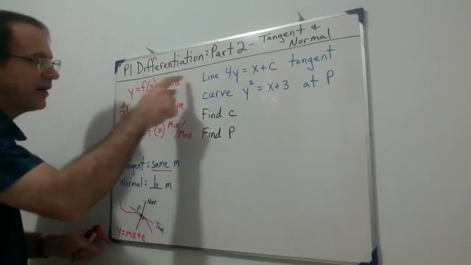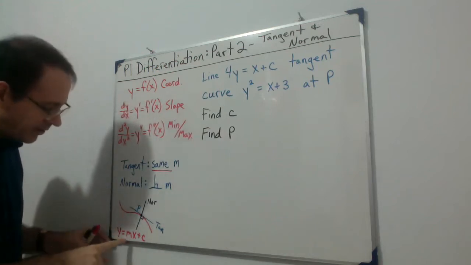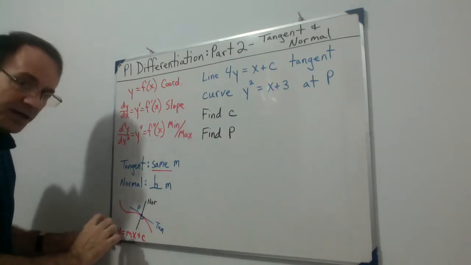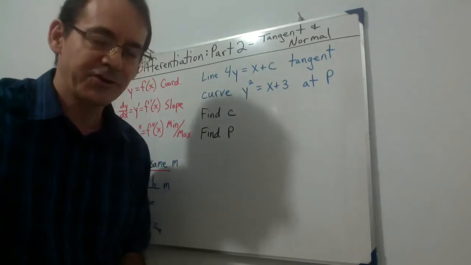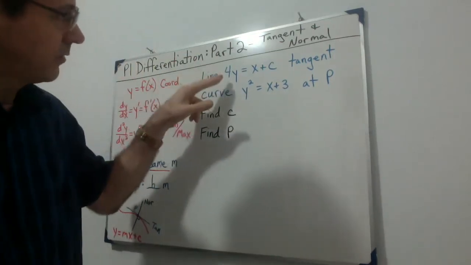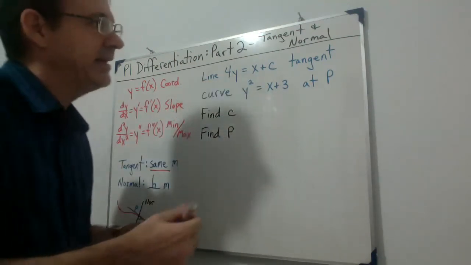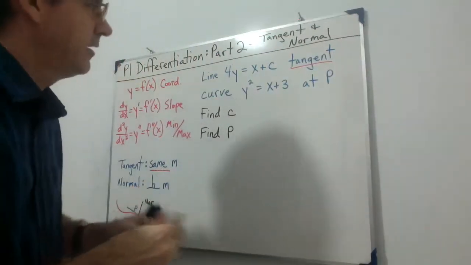You still start with the function, you still do the derivative, but now you're going to apply it to the slope part of a linear equation. So here we have our first example. You have a line, 4y equals x plus c. This line is said to be tangent to a curve.